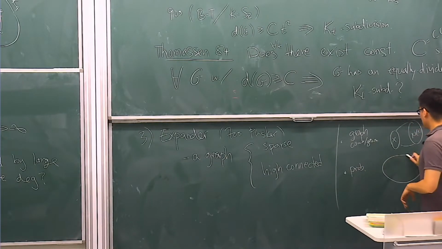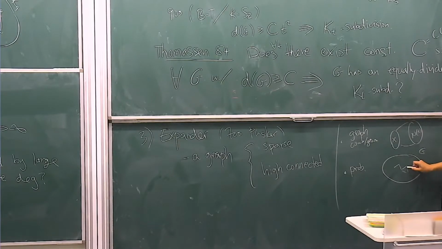How do we define it probabilistically? On any graph, we can perform a random walk. And then expanders are the graphs that reach the stationary distribution the fastest, called the fast mixing property.